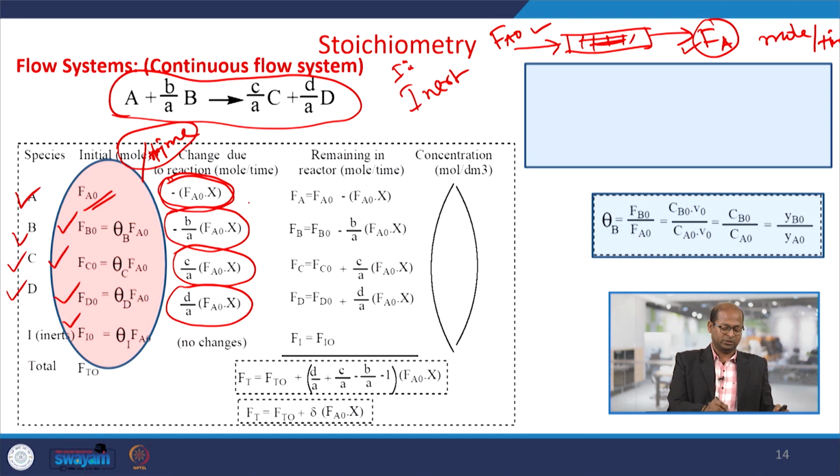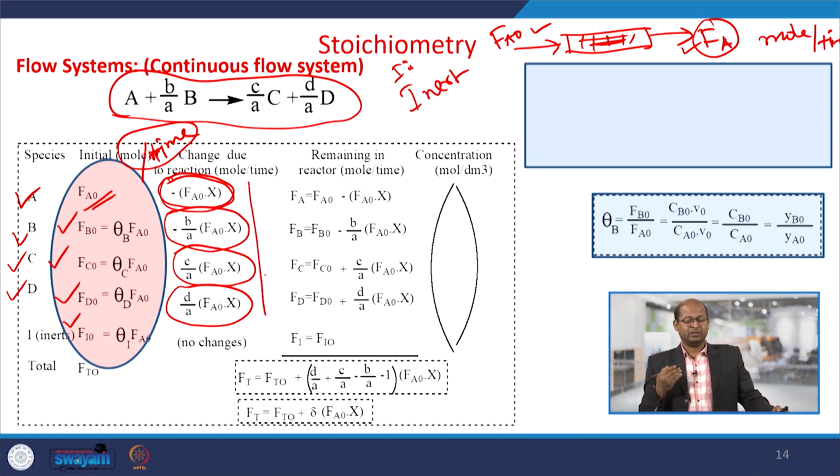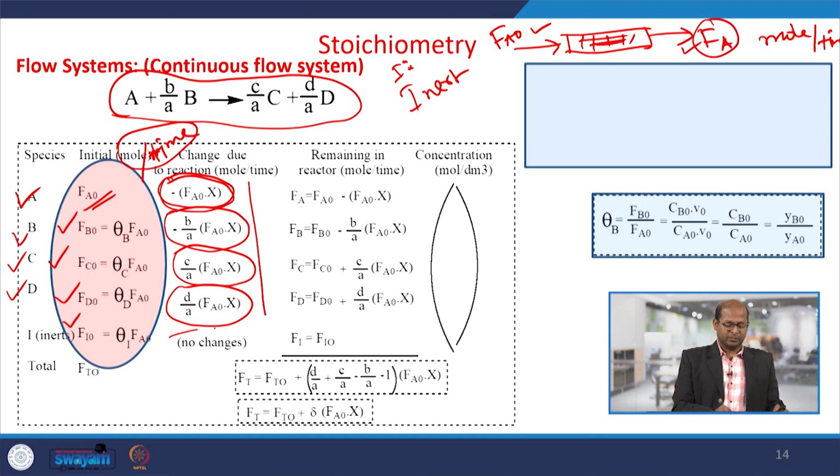In the case of the inert there is no change.